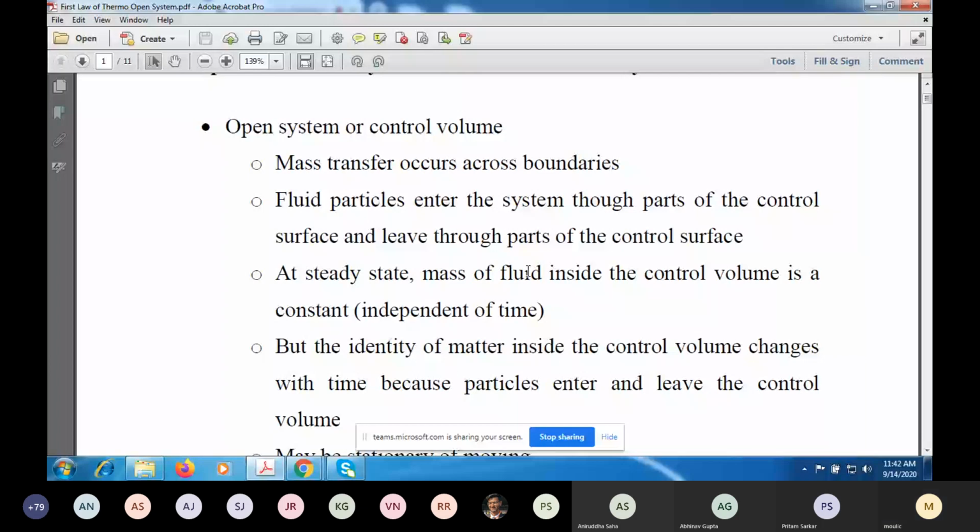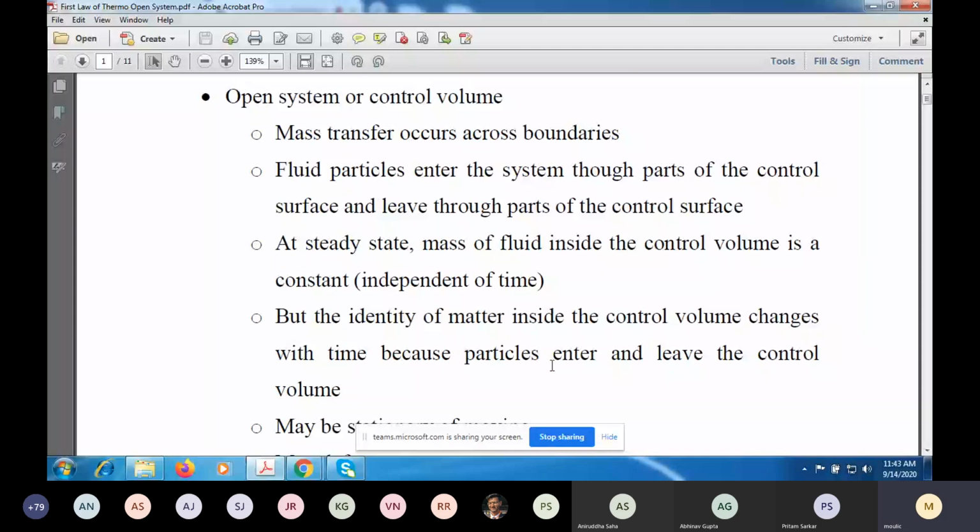So the identity of the matter is fixed by the identity of the particles. Now, in the case of an open system or control volume, particles will enter and other particles will leave. So even if the mass of the fluid which is inside the control volume is independent of time, the identity of the matter will not be the same.